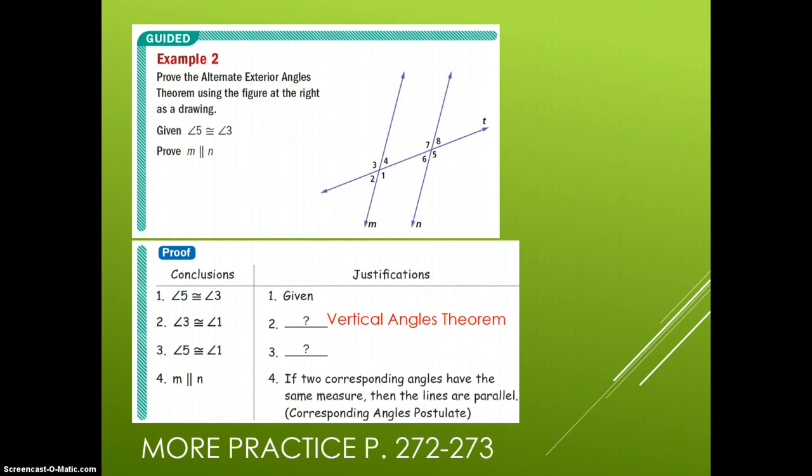Vertical angles, because they are vertical angles. So we can call them congruent. Angle 5 is congruent to angle 1. Well, what's the connection there? Those two angles are corresponding.